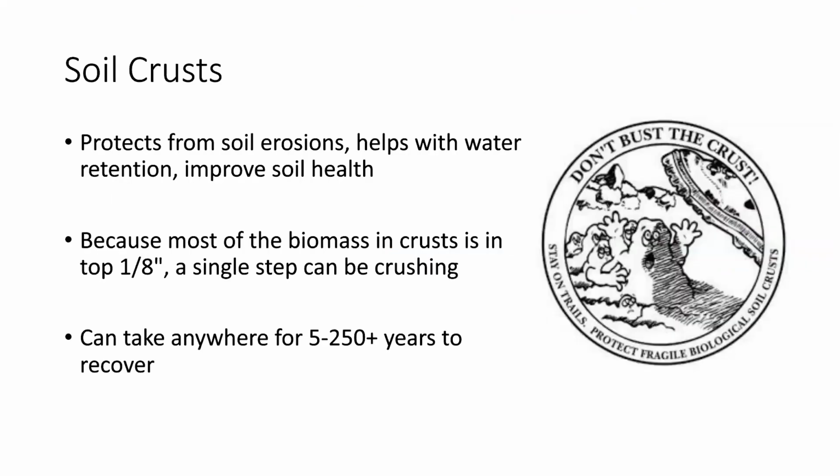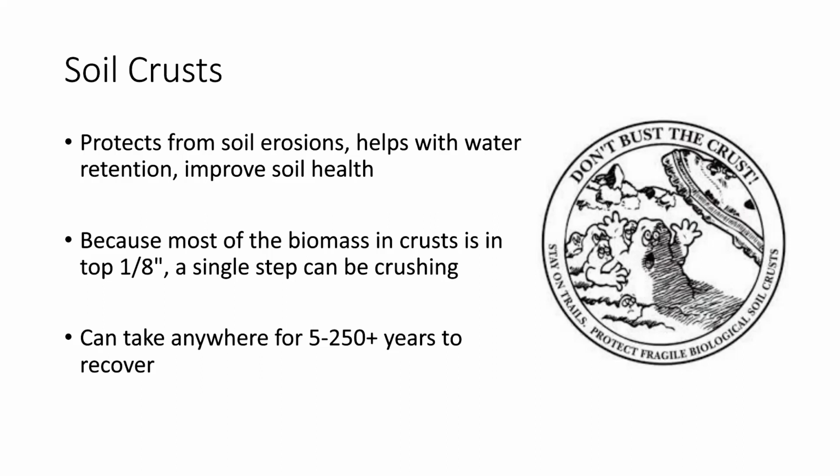And then one thing to note about the deserts, like I said, they are vulnerable, everything's a vulnerable biome, but deserts especially. And again, this is something I saw in Utah down in the southern part near some of those national parks. And then you may see this in different locations as well. But there's something known as soil crusts or biological soil crusts. And essentially, these are just the very top layers of soil.